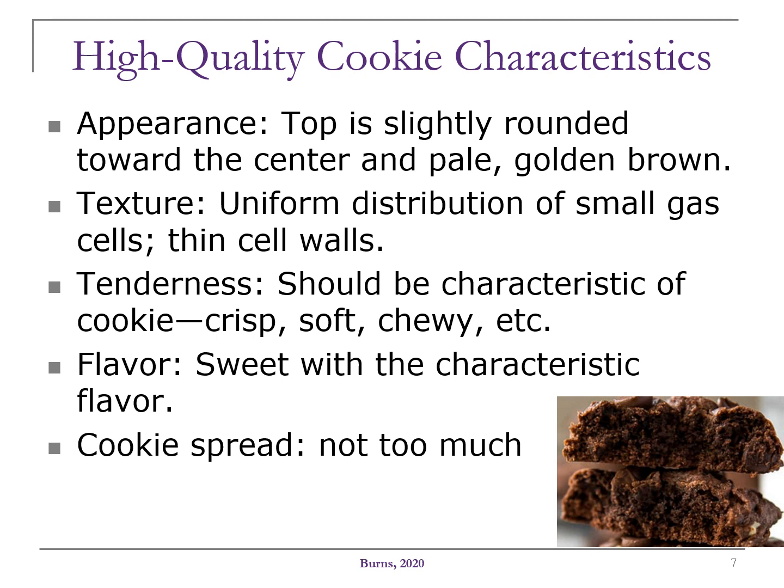The fourth characteristic there is the flavor. When we think of cookies, we think of a sweet flavor, but really each cookie has its own different characteristic flavor, but most cookies are sweet. Then finally, we have the cookie spread. And the cookie spread essentially is how far the cookie spreads out during the baking process.